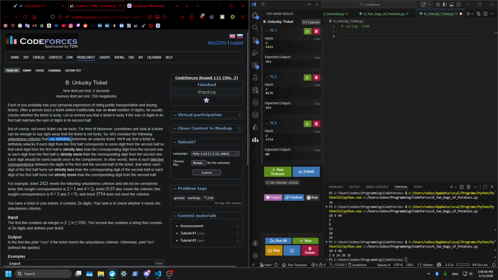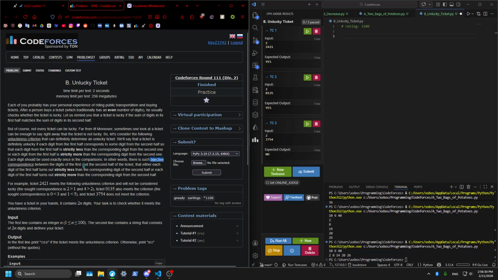There's a criteria. A ticket is definitely unlucky if each digit from the first half corresponds to a digit from the second half, so that each digit from the first half is strictly less than the corresponding digit from the second one, or each digit is strictly more than the corresponding digit from the second one.